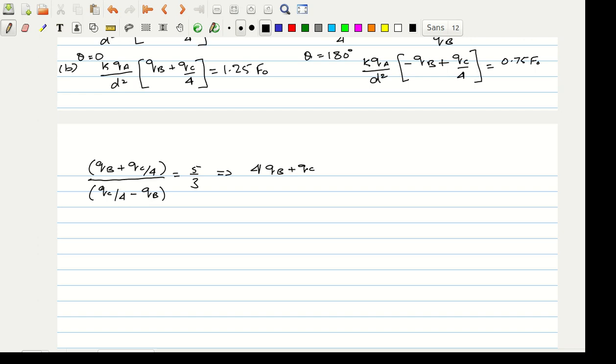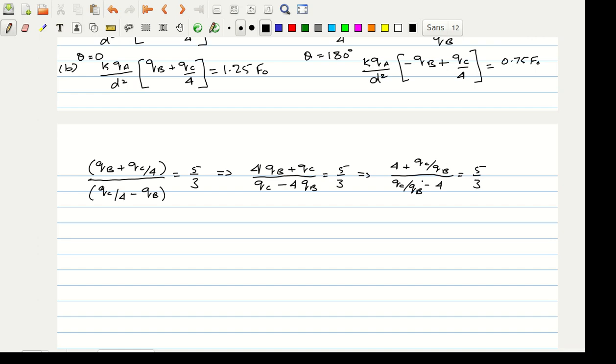And this means that this is (4 qb plus qc) divided by (qc minus 4 qb) is equal to 5 by 3, and we can get (4 plus qc divided by qb) over (qc over qb minus 4) is equal to 5 by 3.